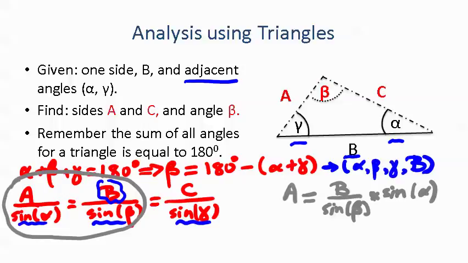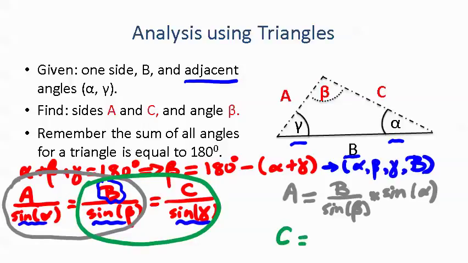Then we will use the right two fractions in this equality and solve for side C. So C will be equal to B over sine beta times sine of gamma.